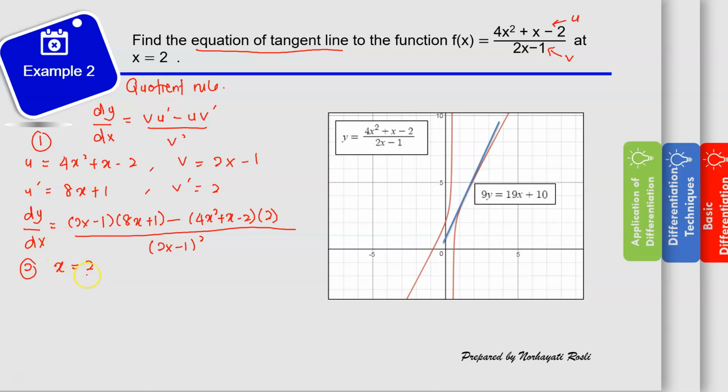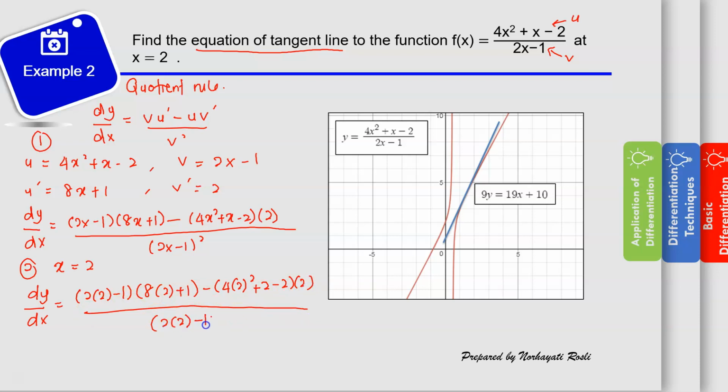When we substitute x equal to 2 in dy/dx, we will have dy/dx equal to (2 times (2 minus 1)) times (8 times 2 plus 1) minus (4 times 2 to the power of 2 plus 2 minus 2) times 2, divided by (2 times 2 minus 1) squared. So when we solve this one, we'll get the answer which is equal to 19 over 9.